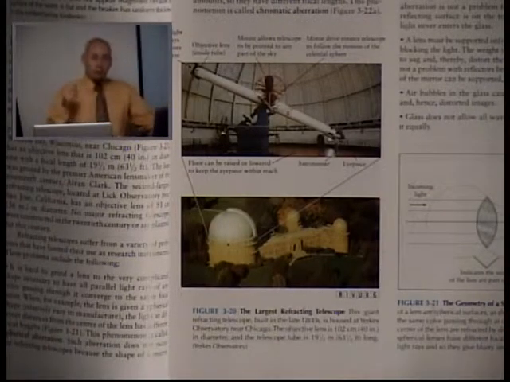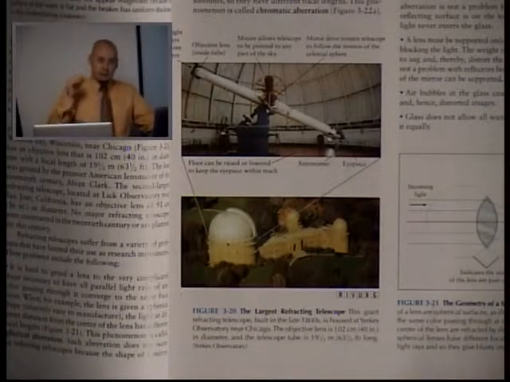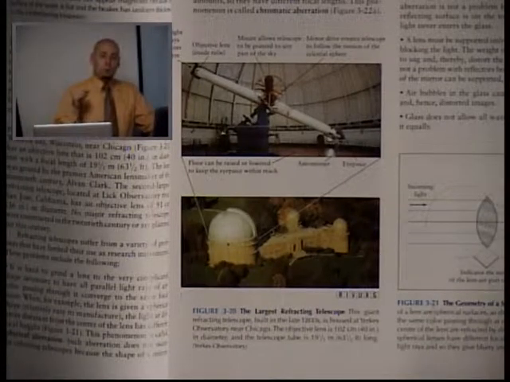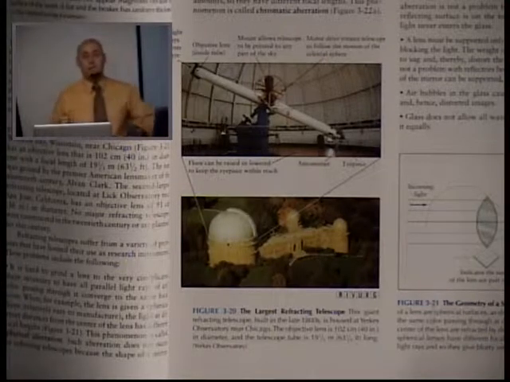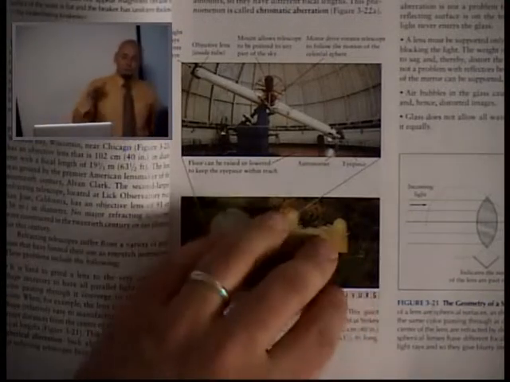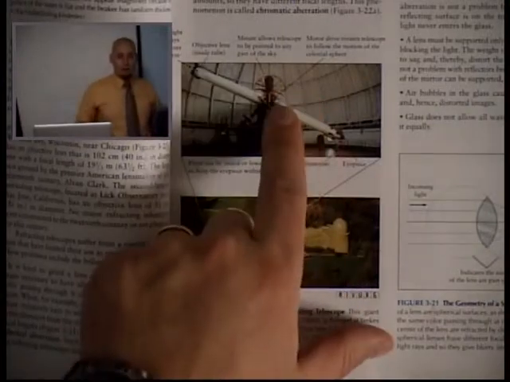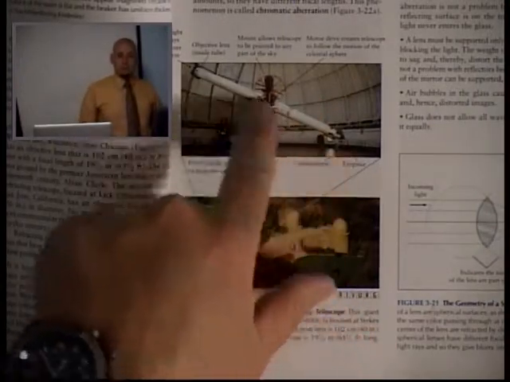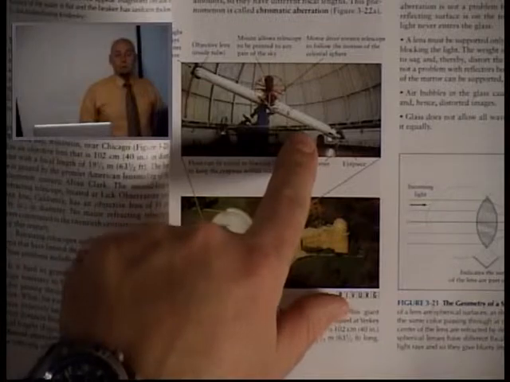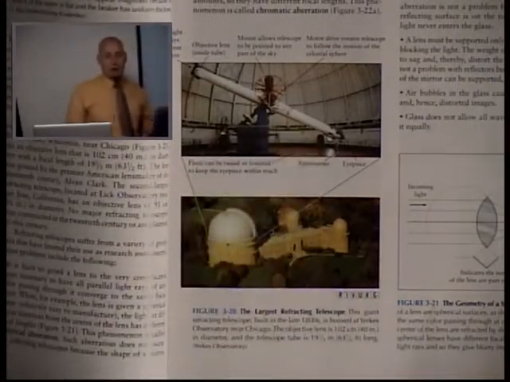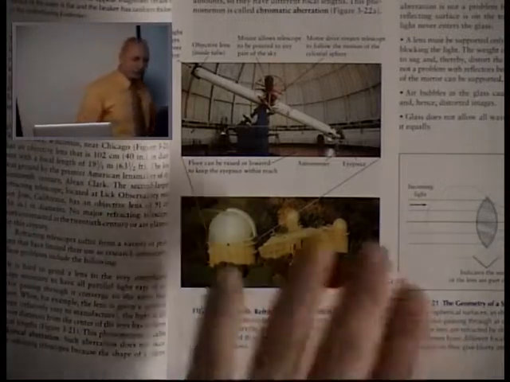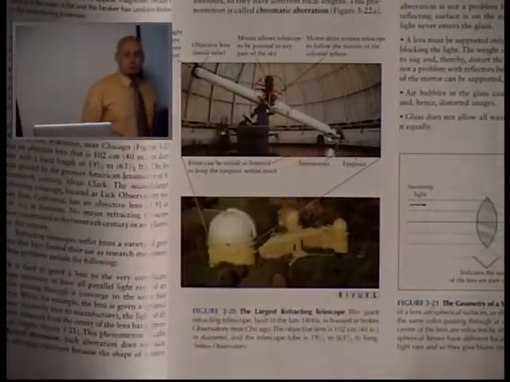And it is for that reason, and that reason mostly, that all of the major telescopes that are built now, all of the big telescopes, are reflecting type, not refracting type. This telescope was made before the turn of the 20th century, and it will almost certainly remain the largest refracting telescope ever built. You just simply can't make them much bigger than the Yerkes Observatory.